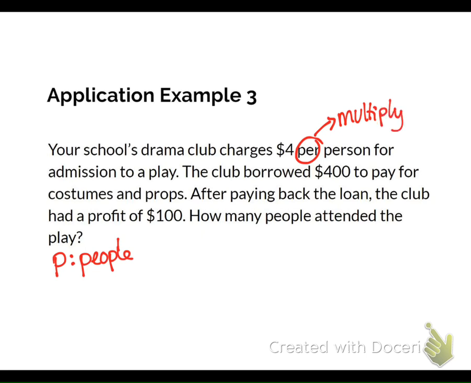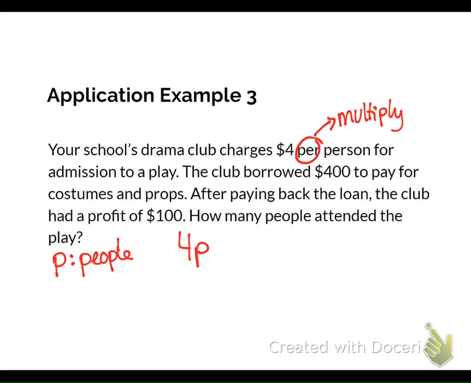So if I take 4 times P, that's going to tell me that I made $4 per person. That's going to give me how much money I made. But we can't just leave it at that. Even though we made money, before we did that, we borrowed $400 and we have to pay that back.